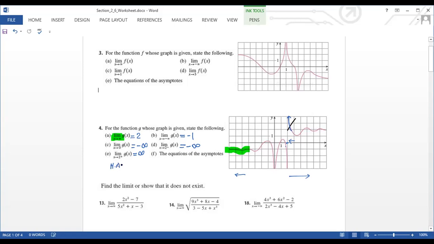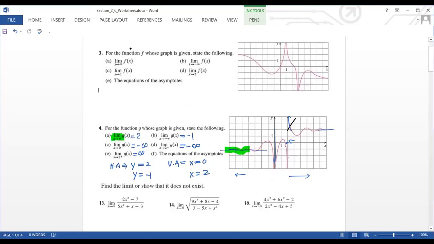The horizontal asymptote is where the y values are. So y equals 2 and y equals negative 1 are the horizontal asymptotes. What are the vertical asymptotes? They are the x values, like this one and this one. So x equals 0 and x equals 2.